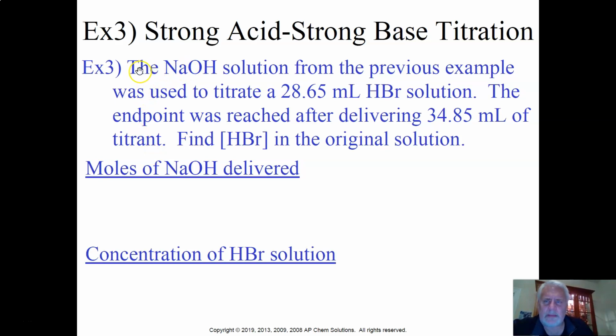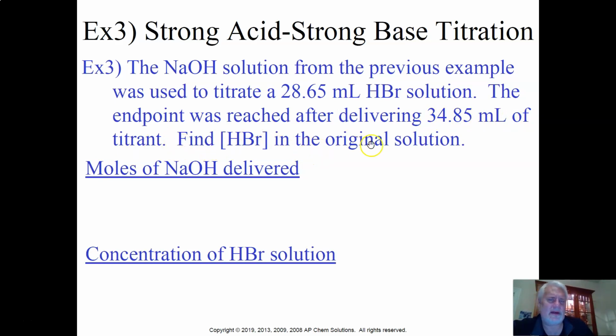Let's do another example like that. The NaOH solution from the previous example was used to titrate a 28.6 milliliter hydrogen bromide solution. The endpoint was reached after delivering 34.85 mL of titrant.